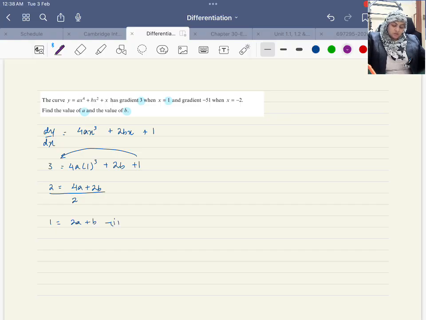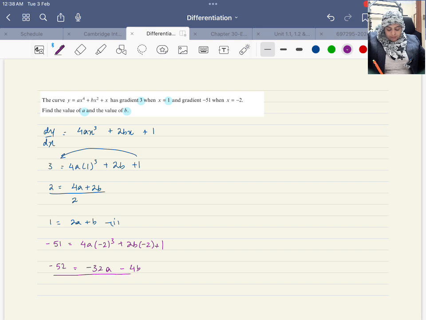This is equation 1. For the second condition, gradient is equal to minus 51 and x is equal to minus 2. So I put minus 2 in the gradient. 4a minus 2 cube plus 2b minus 2 plus 1. 1 goes on the other side, becomes minus 52. 4 into minus 8 is minus 32a minus 4b.